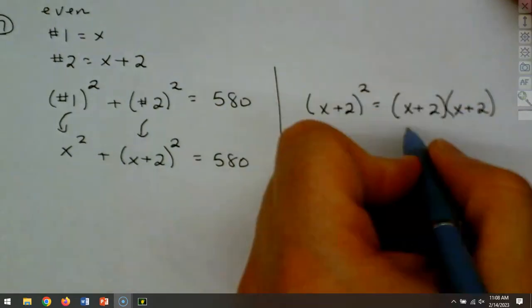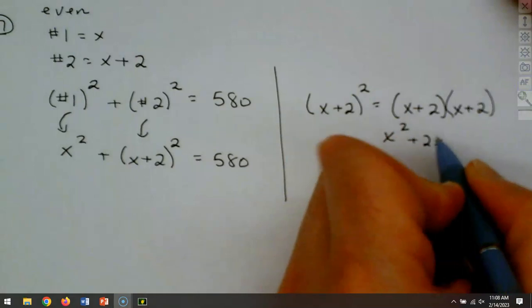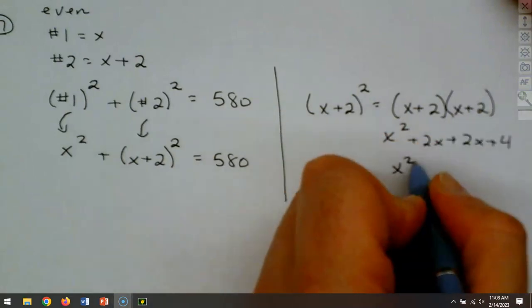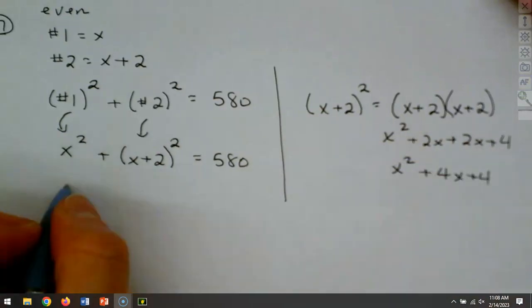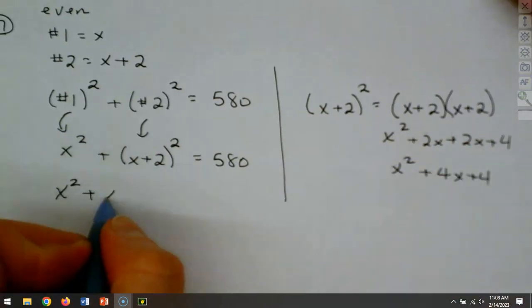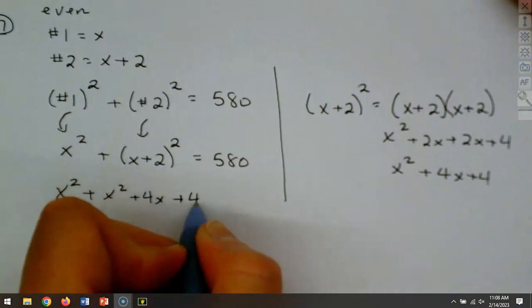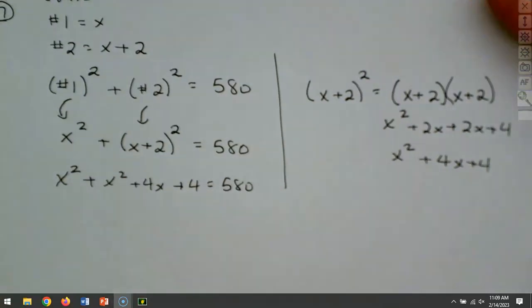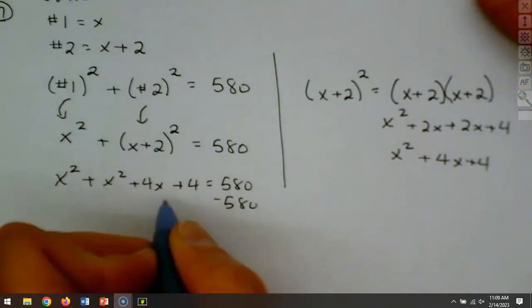So we'll FOIL this out quickly, and that's going to be x squared plus 2x plus 2x plus 4, which is then x squared plus 4x plus 4. And what do we need to now do? Well, we need to go ahead and combine like terms and move that 580 over.